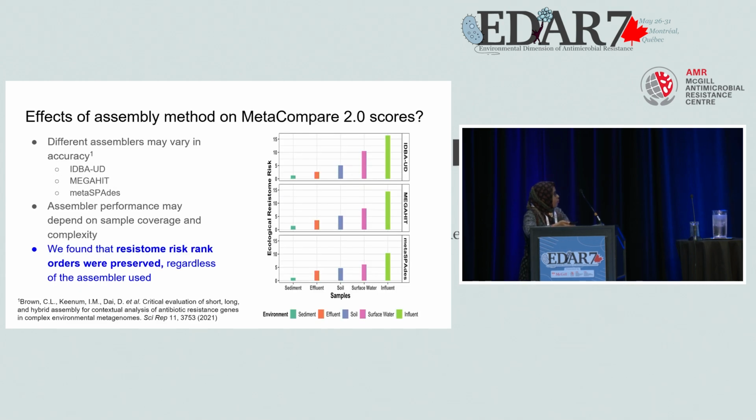I have told before that the input to MetaCompare 1 is assembled contigs, and that's also the same case for MetaCompare 2.0. Now, assemblers can vary in accuracy, and their performance can depend on sample coverage and complexity. To prove the robustness of our pipeline, we used 5 samples and assembled them using 3 different assembly methods.